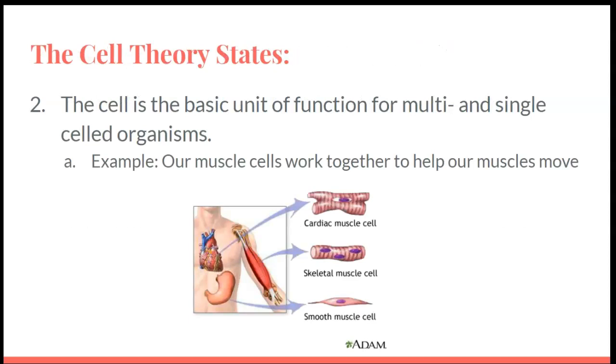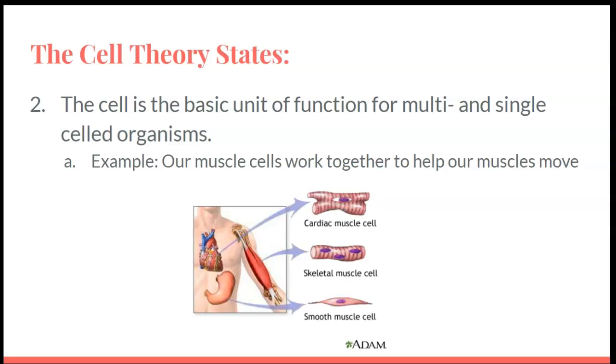If we move on to the second part of the cell theory, we're talking about cells being the basic unit of function for multi- and single-celled organisms. The idea is that cells work together to produce some sort of function. An example of this would be our muscle cells, right?